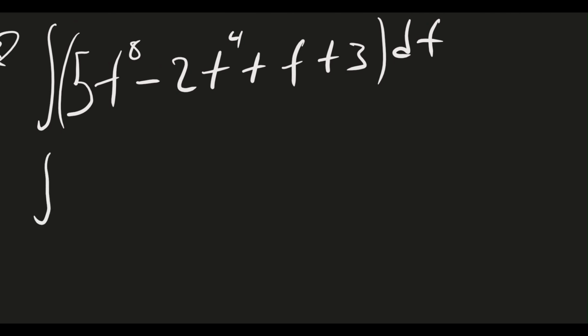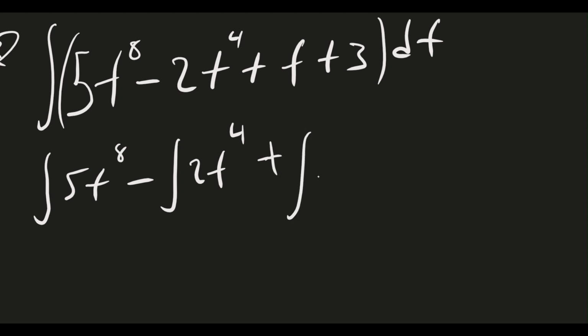You can say the integral of 5t raised to the power of 8 minus the integral of 2t raised to the power of 4 plus the integral of t plus the integral of 3.